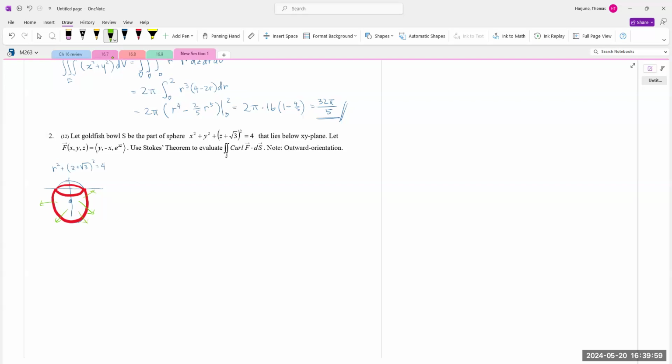If we use Stokes' theorem, the double integral over surface S of curl of F dot dS. Take a look at this part here. If we see from above, then the orientation of this boundary will be clockwise.